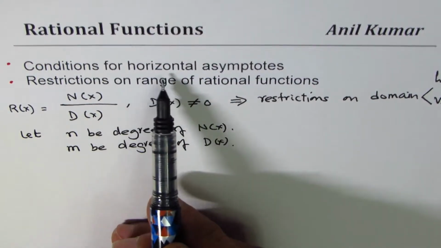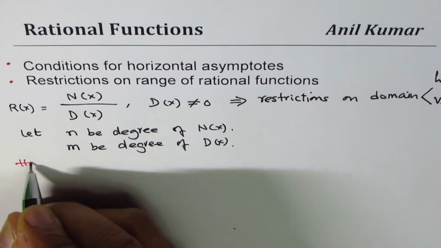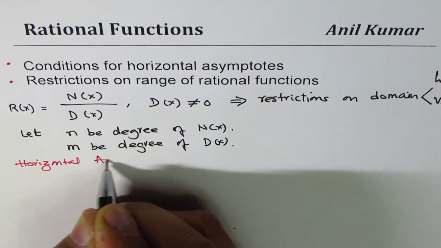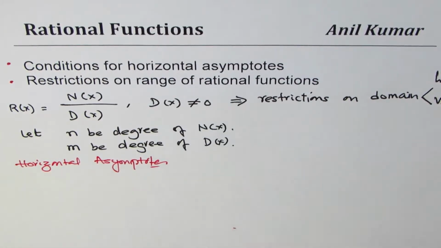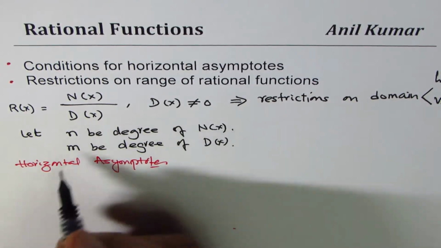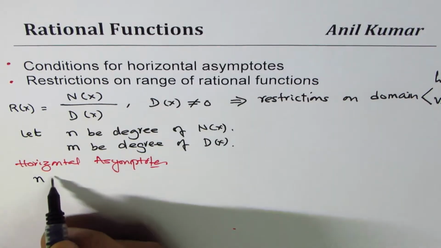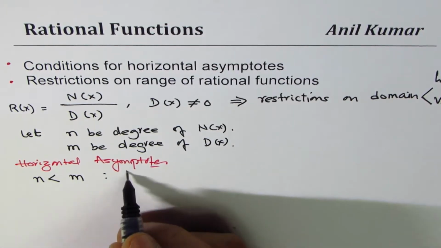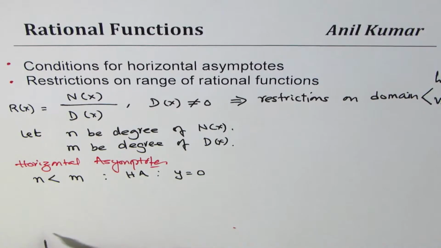So the conditions for horizontal asymptotes are like this. I'll give you examples. If the numerator degree is less than the degree of the denominator, then we have a horizontal asymptote, and the equation is y equals 0.